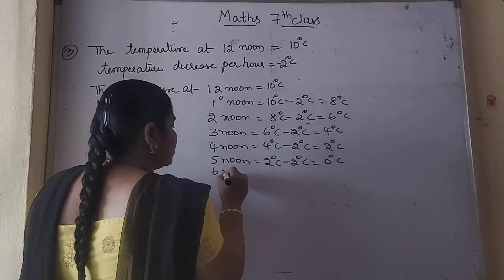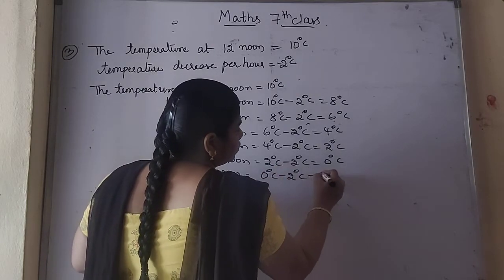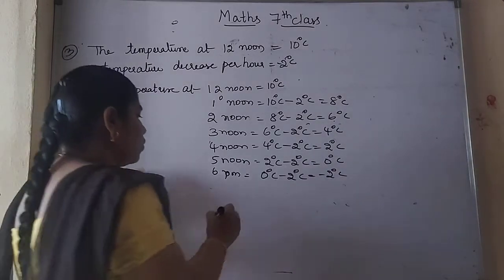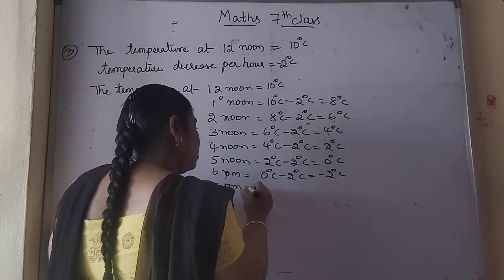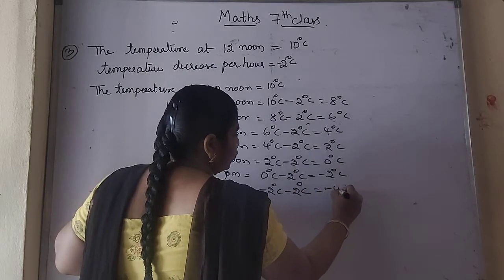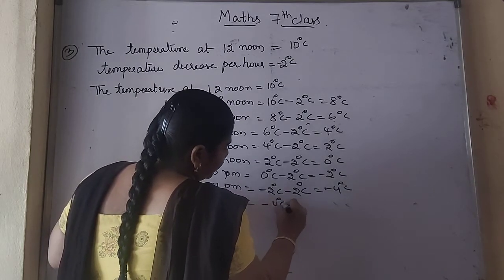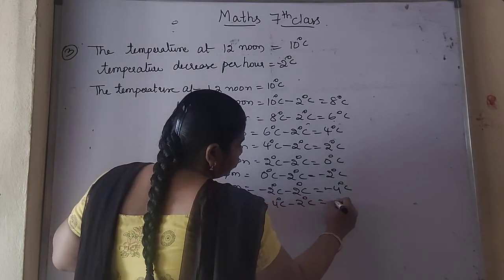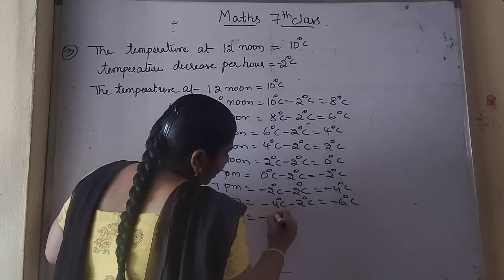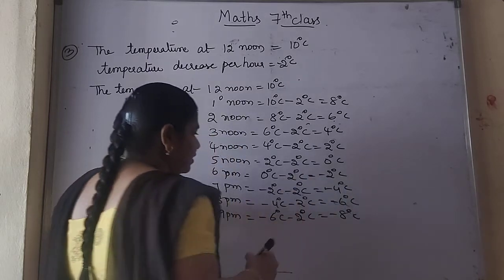At 6 p.m., 0 degrees minus 2 degrees will be equal to minus 2 degrees Celsius. Now at 7 o'clock, minus 2 minus 2 will be equal to minus 4 degrees Celsius. At 8, minus 4 minus 2 will be equal to minus 6. At 9 p.m., minus 6 minus 2 will be equal to minus 8 degrees Celsius.